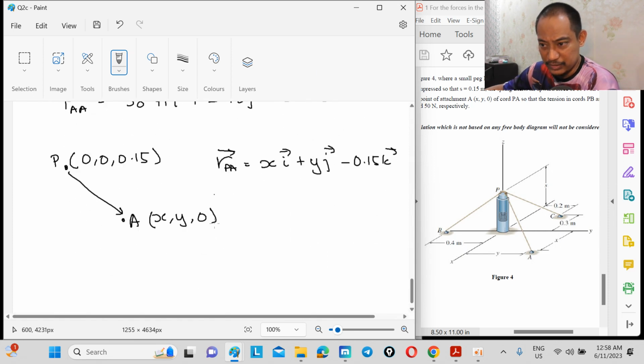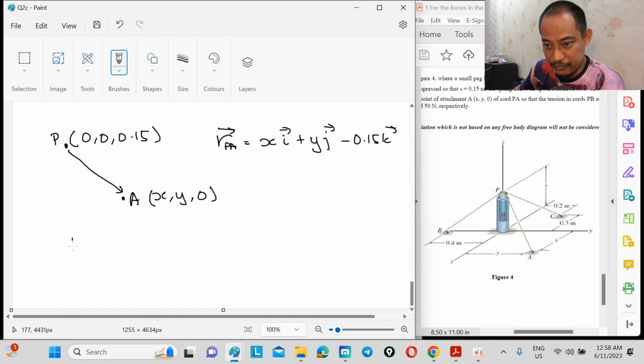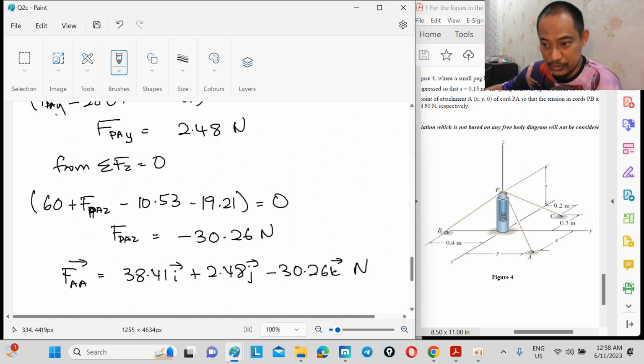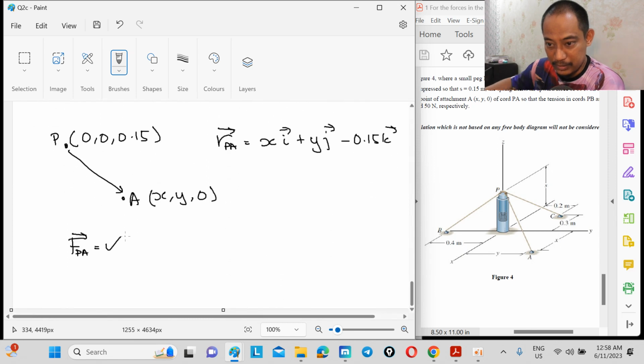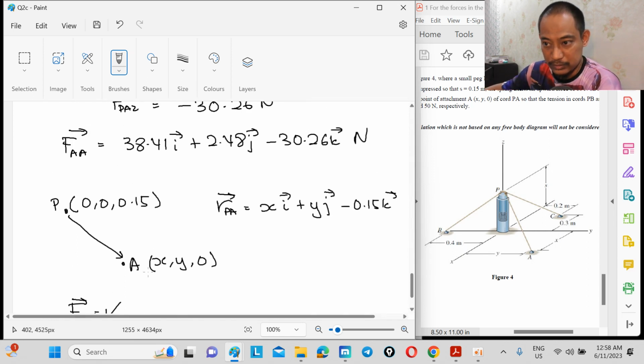What we have is FPA. So we have the FPA vector, which is this one. I'm not writing it back. And do we know the FPA magnitude? You can simply calculate it.